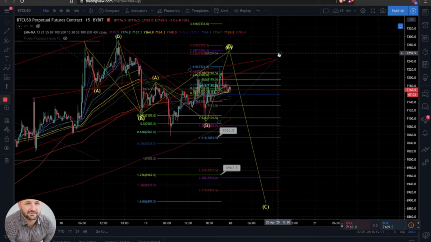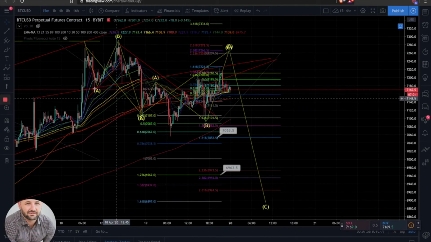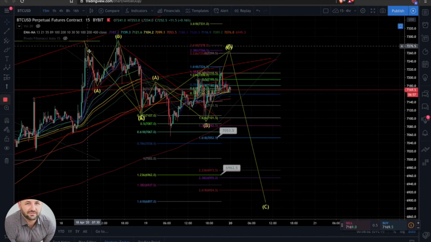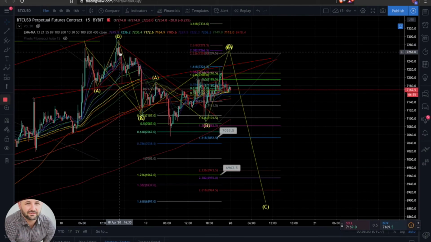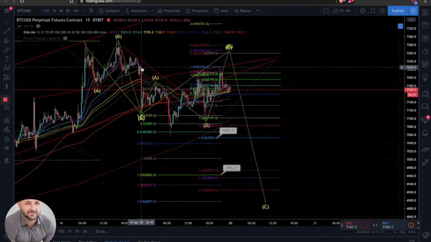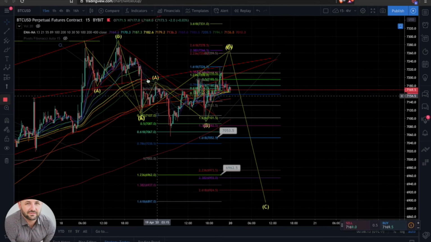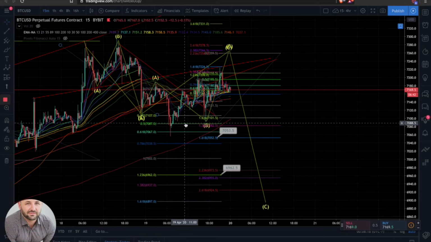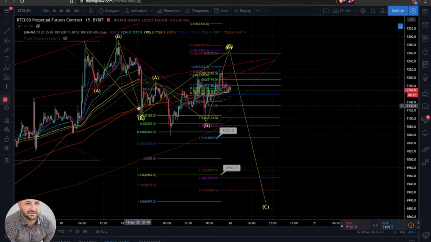One thing I want to pay attention to: if you remember on ETH, we had this potentially as an impulsive wave coming down. But I am looking at this as a little bit more of a complex correction, maybe even a leading diagonal with these 5-wave moves, because we can count a 5-wave structure in there, but it can be a little bit unclear.